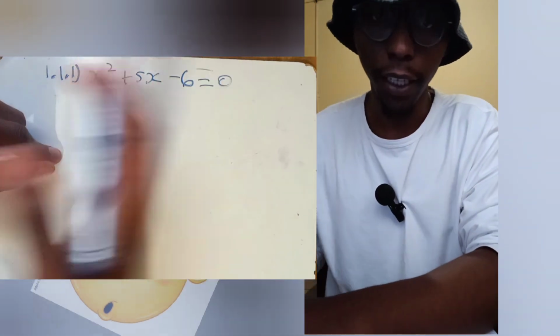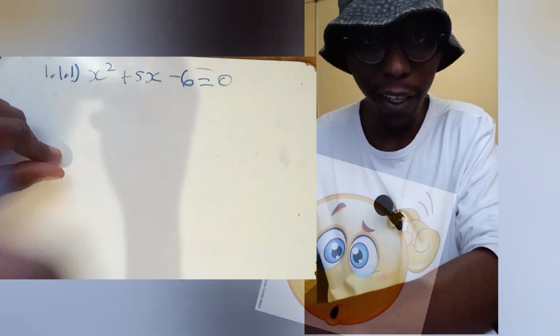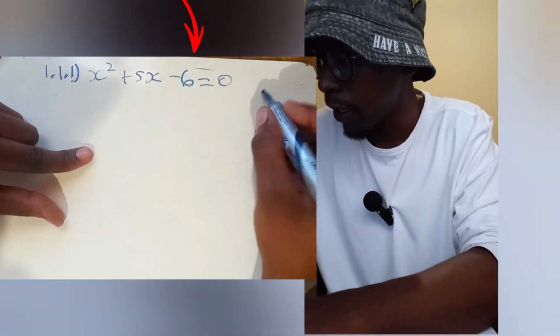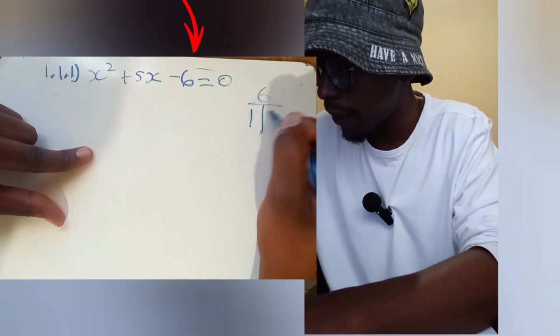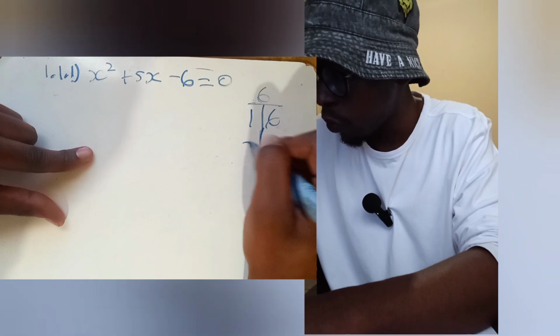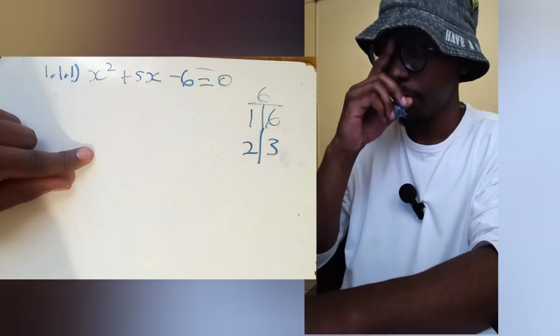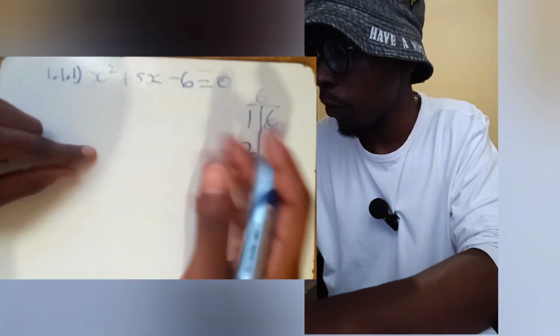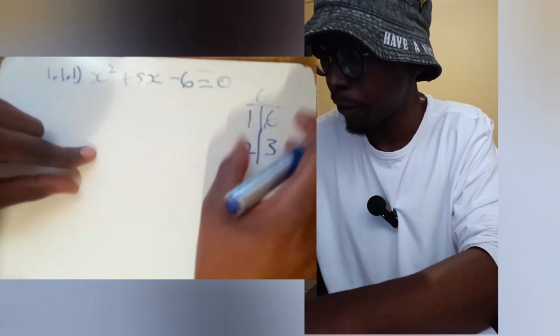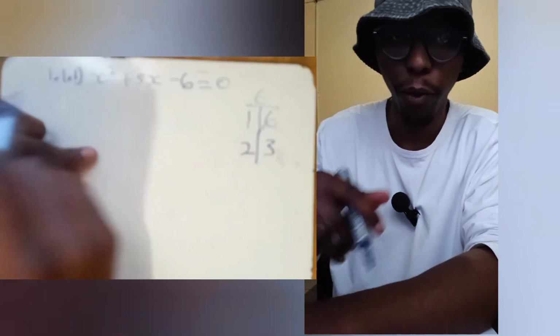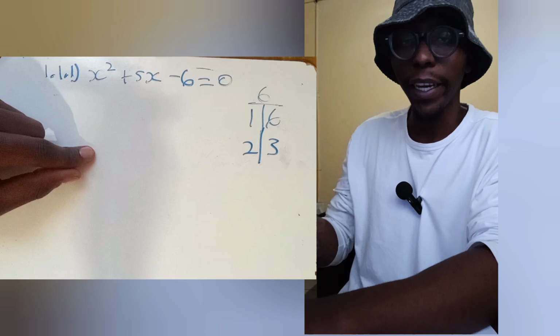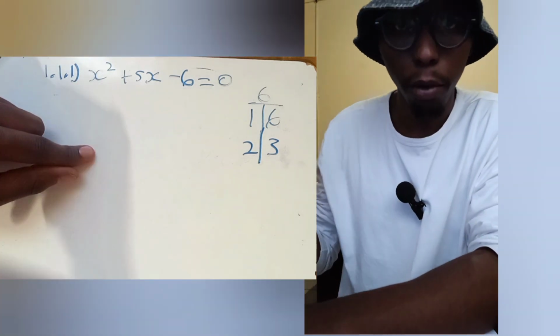How do you factorize a trinomial? You simply look for the factors of your last term, 6. My factors of 6 are 1 and 6, and 2 and 3. But one of these pairs must give me a positive 5 when I add, and a negative 6 when I multiply both.